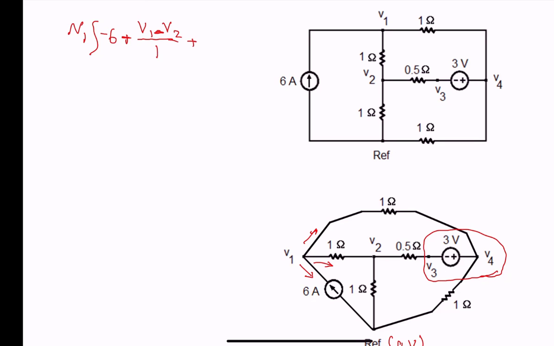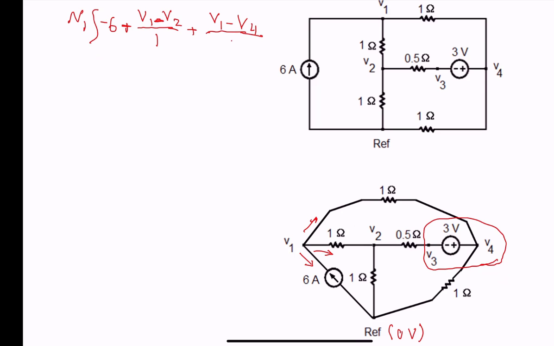Current going from node 1 to node 4 is V1 minus V4, we need plus on the left side of the 1, negative on the right side, divided by 1 equal to 0.